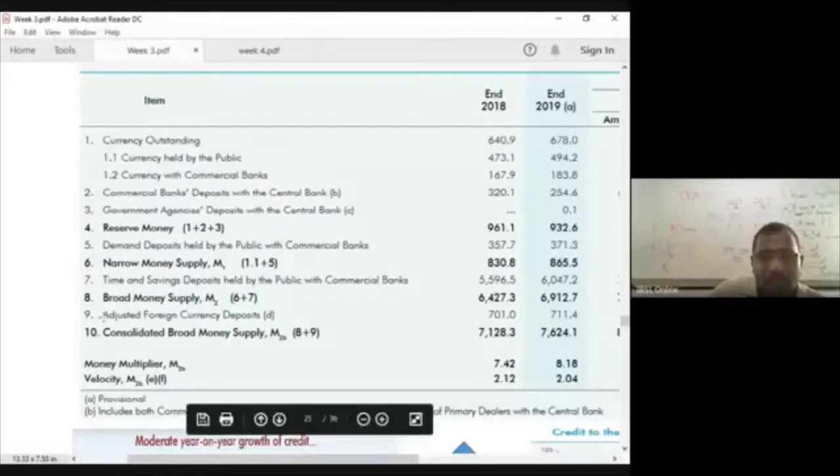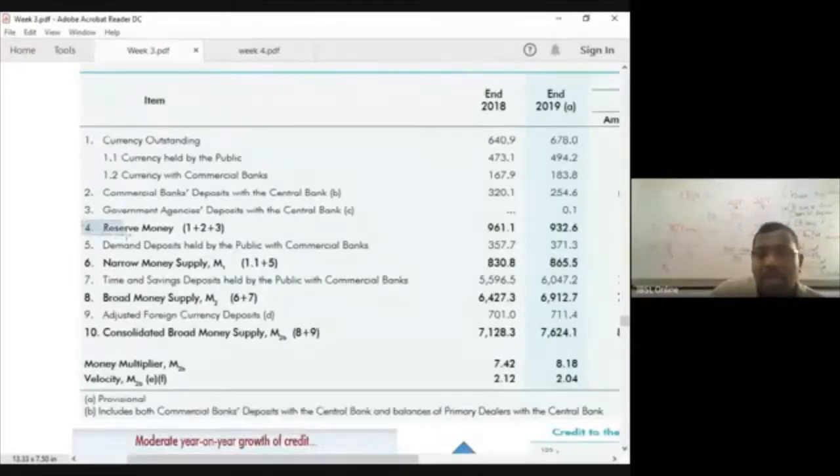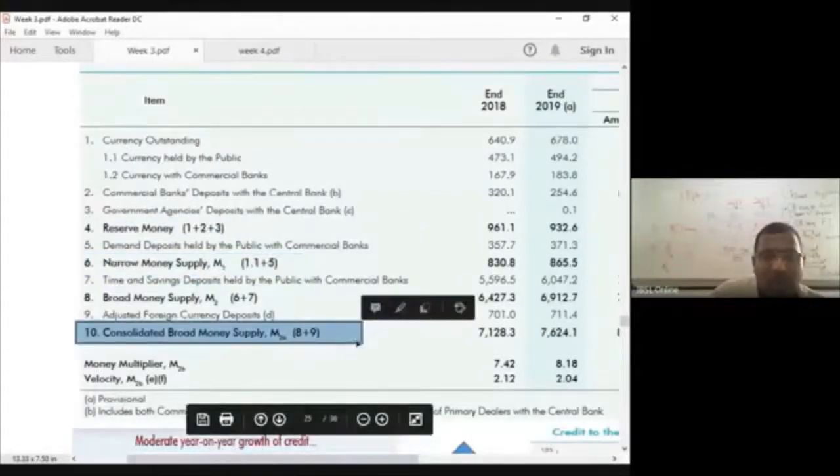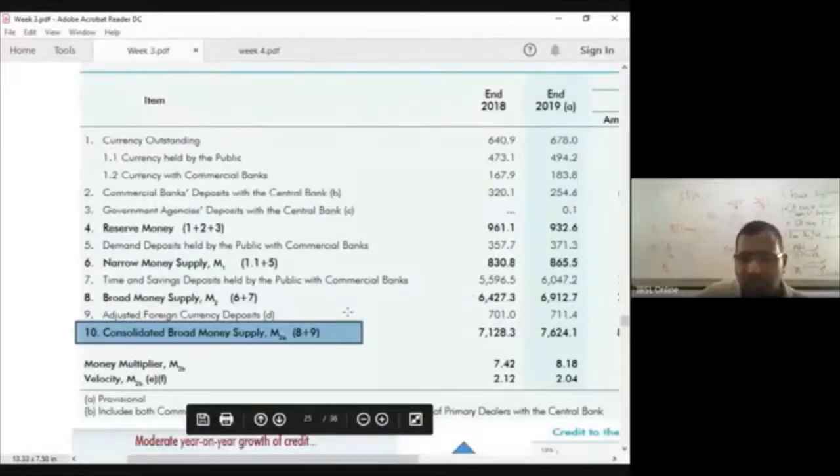Then if you add adjusted foreign currency deposits, remember I told you we take foreign currency deposits, then you get the consolidated broad money supply, which means M2B in the case of Sri Lanka. So I really recommend you have a clear idea about number 4, number 6, and number 10, how they are calculated, right? It's very important.